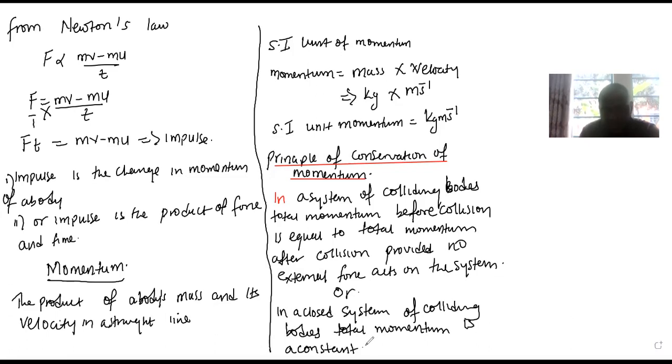Total momentum is a constant. When we say it's a constant, ideally we imply that it's a constant before and after. It does not change the total of the momentum. So a closed system is a system which does not get interfered with by external forces.